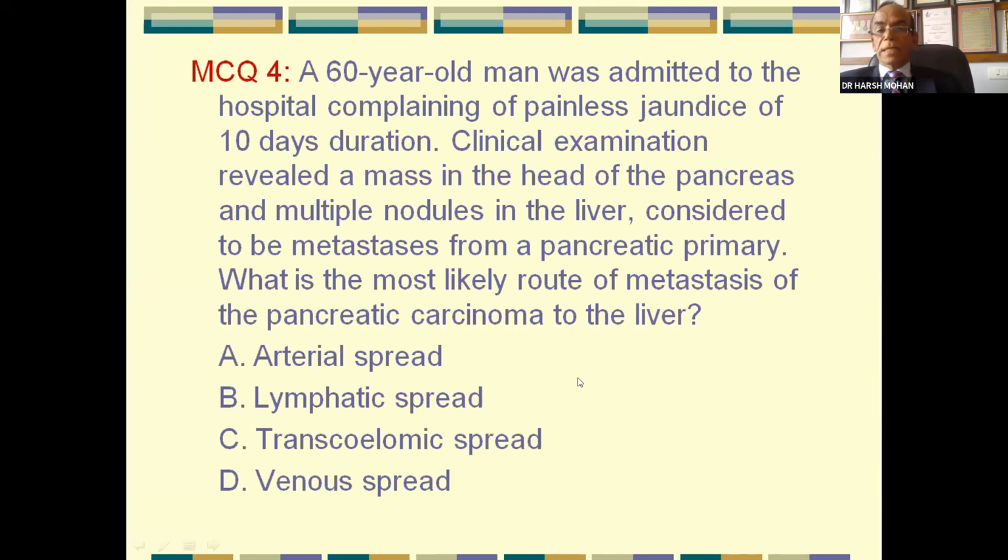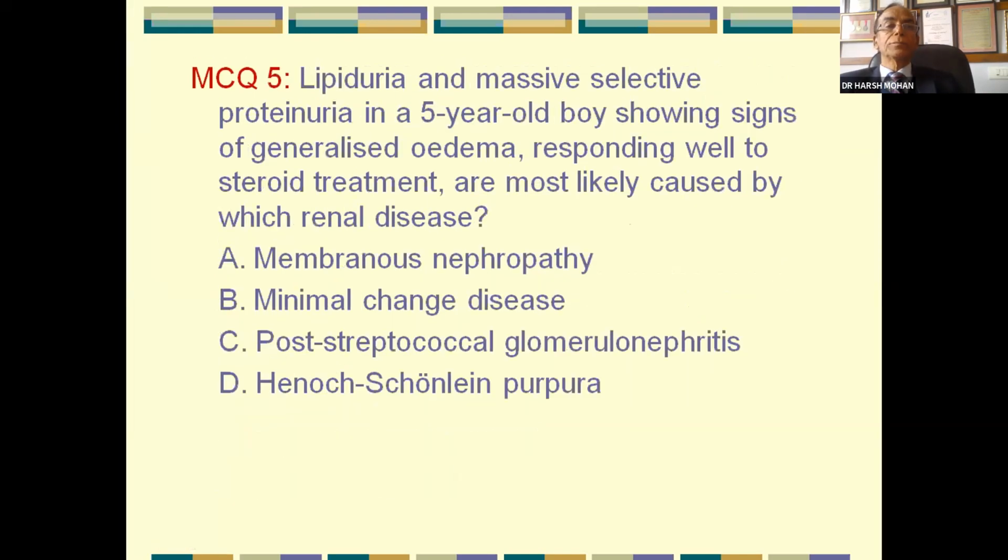Arterial spread, lymphatic spread, transcoelomic spread, or venous spread. So here we've given a short history of a primary in pancreatic cancer and spread to the liver. We want to know the route of spread in this clinical scenario based question. And we all know that it's a portal route of spread to the liver. So therefore, venous spread will be the answer to this question.